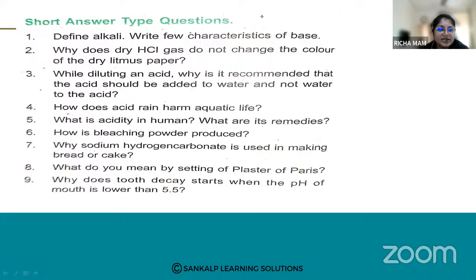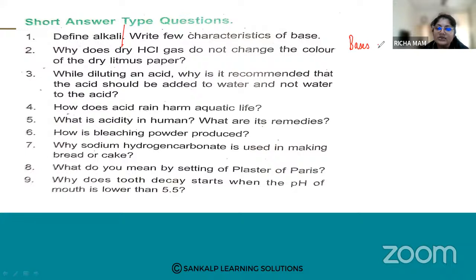How are you going to answer this, students? What is an alkali? The first question is define alkali. You can see this question is divided into two: define alkali, and write the characteristics. So what is an alkali? The bases which are soluble in water are called alkali.